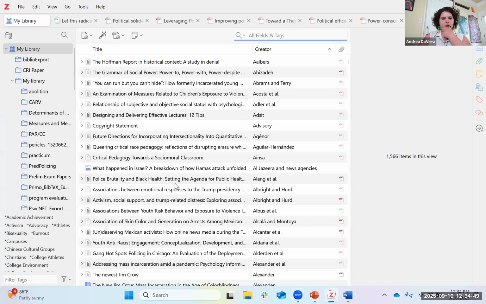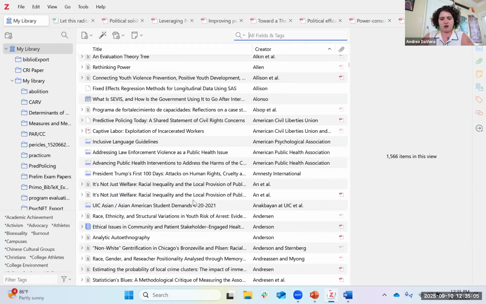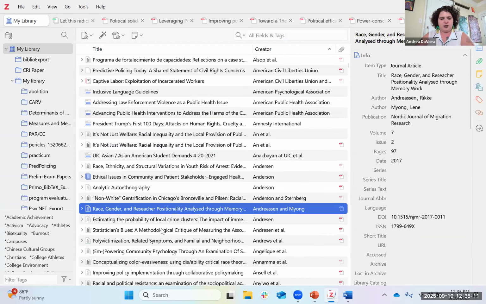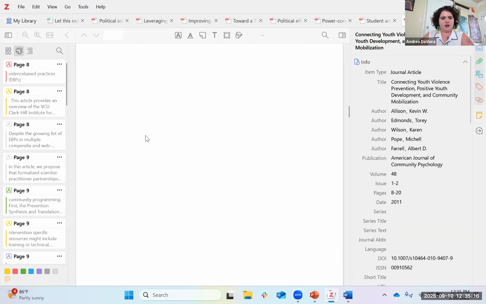Okay. So this is what Zotero looks like on a desktop. It's essentially a software. You can use it on a web browser or the desktop. I personally really like the desktop. And each one of these is an article. So I have many articles, as you could see. And when you click on one, I'll click on one that actually has a PDF.